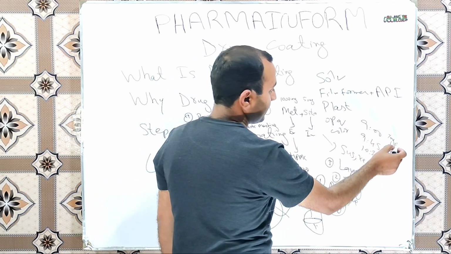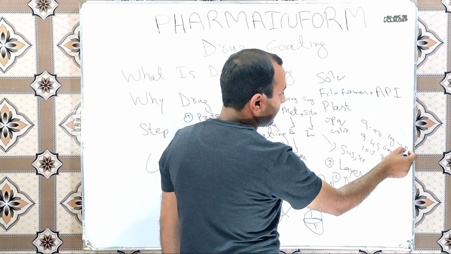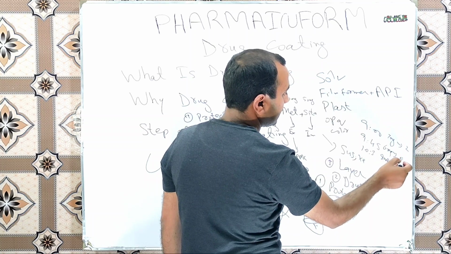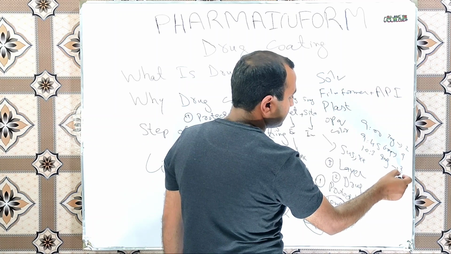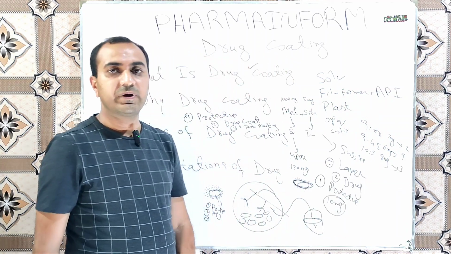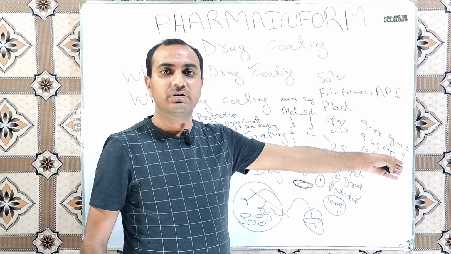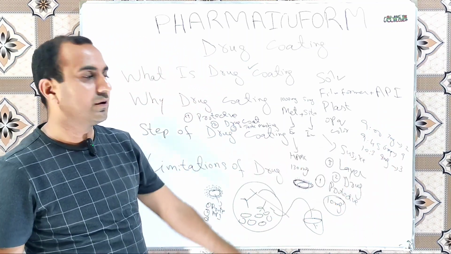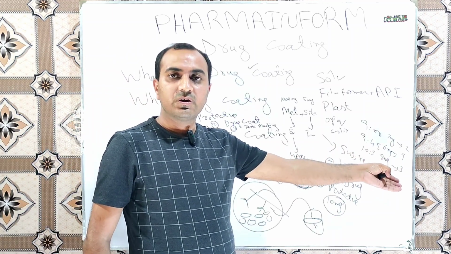If we are having a situation where first of all we gain a weight of 2 milligram, then we are gaining a weight of 9 milligram, and then we are gaining a weight of 3 milligram, it is an irregular pattern, because in this situation our parameters are not under control. Maybe exhaust is very high, maybe our tablet bed temperature or inlet temperature is not good.